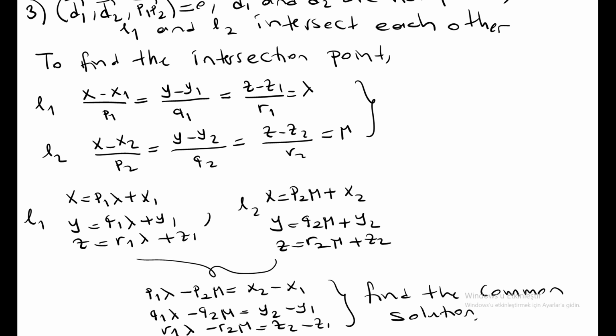So we have a linear equations system here. So we need to solve this equation. If you look at this equation, there are three equations, two unknowns. So you need to solve the two equations together and then find the result. But you need to check this result in the other equation.